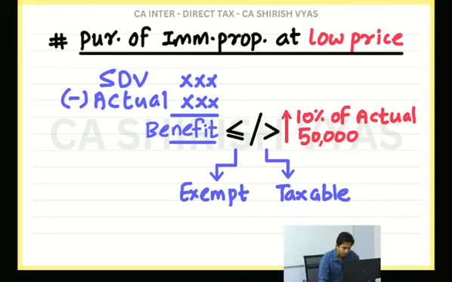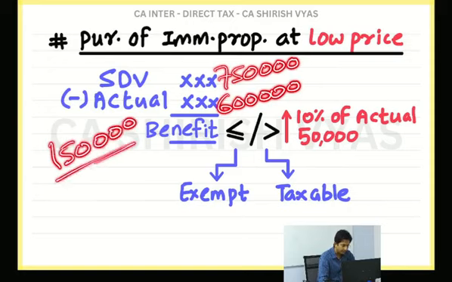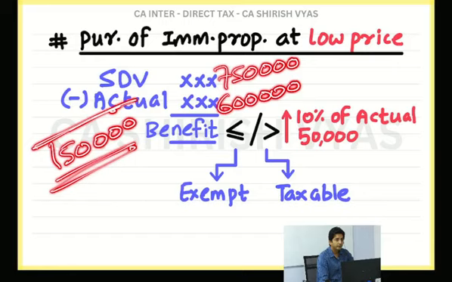In the question, what is the stamp duty value given? 7,50,000. Am I correct? And in the question, actual price is given 6 lakhs. So what is the difference? 1,50,000 is a benefit. Correct? Now what to do?